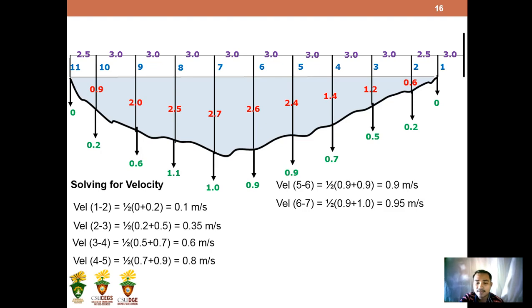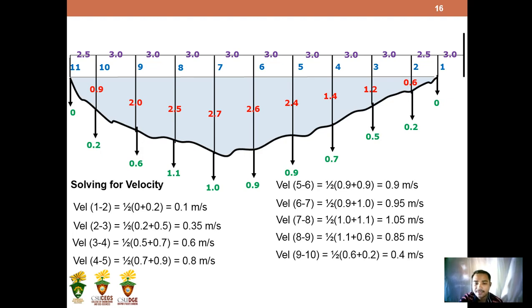For velocity 6 to 7, we have 0.9 plus 1 divided by 2, which is equal to 0.95 meter per second. Velocity in the interval 7 to 8, 1/2 times 1.0 plus 1.1, that leads to 1.05 meter per second. And for velocity 8 to 9, we have 1/2 times 1.1 plus 0.6, that is equal to 0.85 meter per second.